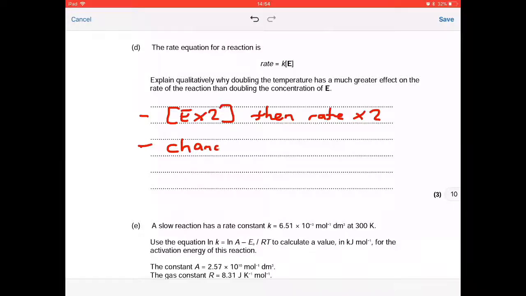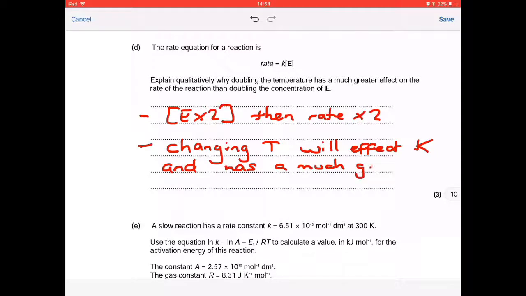However, changing the temperature T will affect K, and has a much greater effect on rate. That's all you have to say for 3 marks.